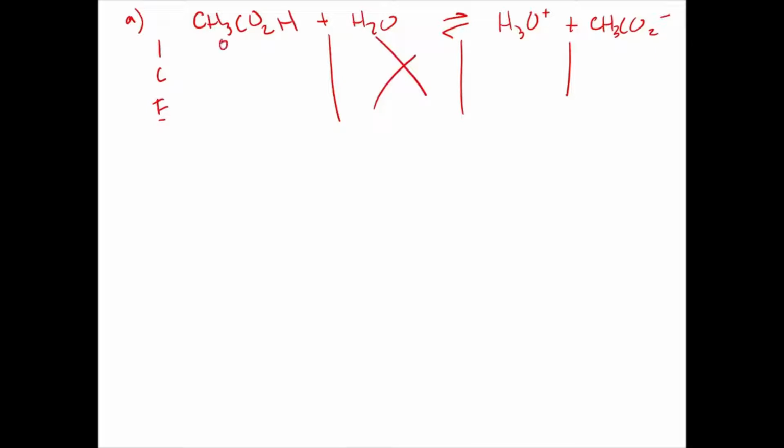And we were told that we're starting with 0.10 molar of acetic acid. We're approximating 0 hydronium and 0 acetate ion. And we're losing some X amount of acetic acid, gaining X hydronium and acetate. And at equilibrium of 0.10 minus X, X, X.